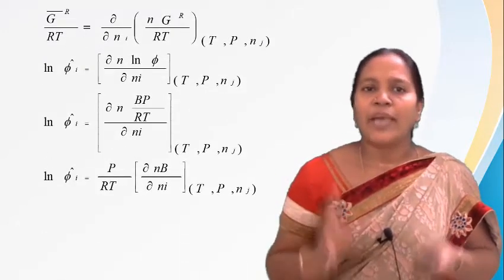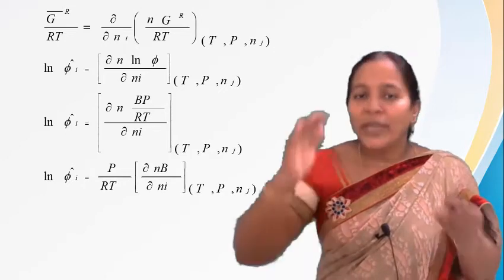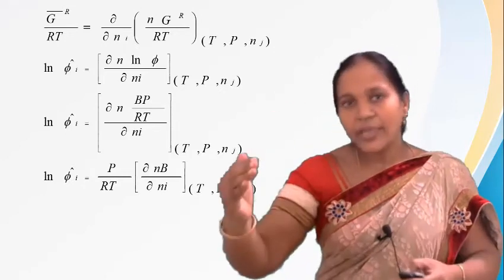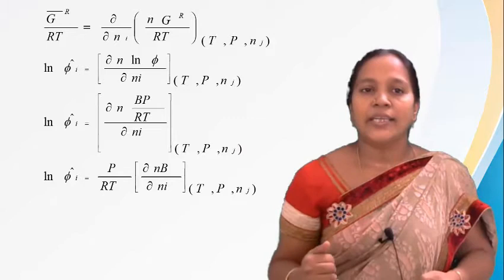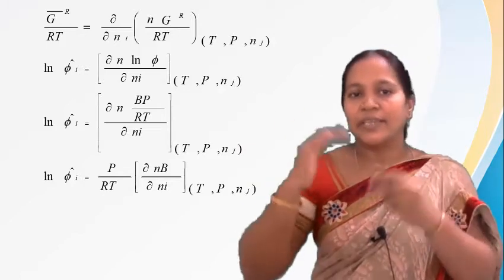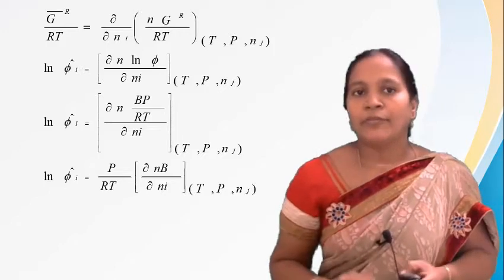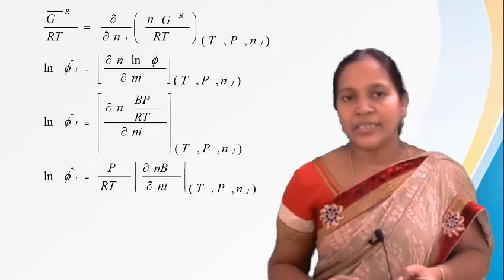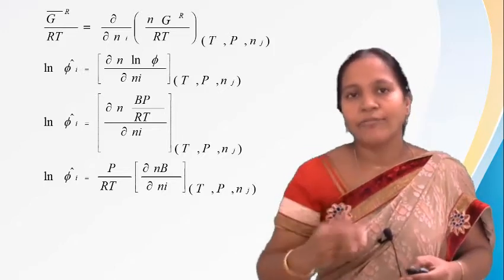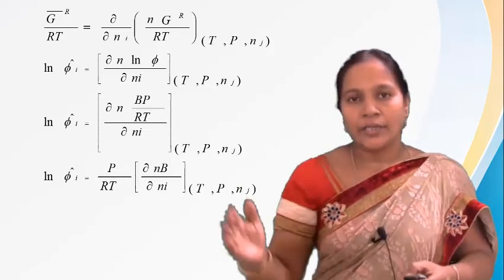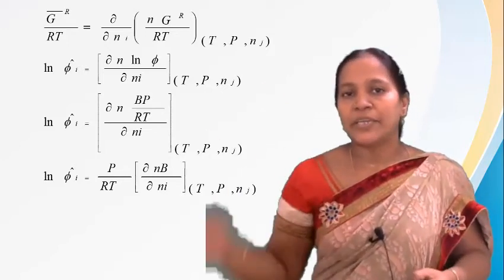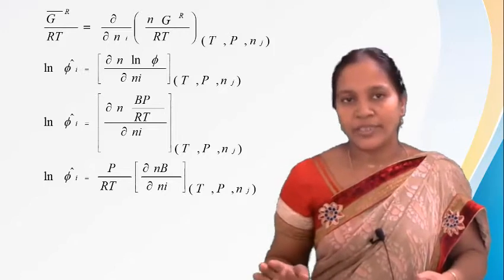Therefore, G bar R by RT is equal to dou by dou ni of nGR by RT. Initially, differentiate this equation with respect to ni, at constant temperature, pressure and number of moles.